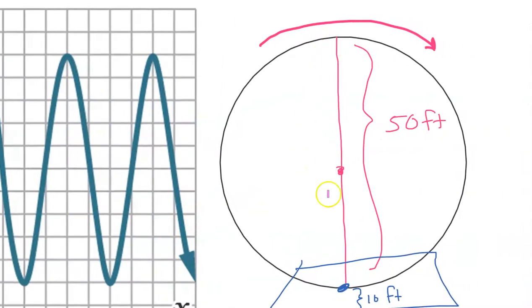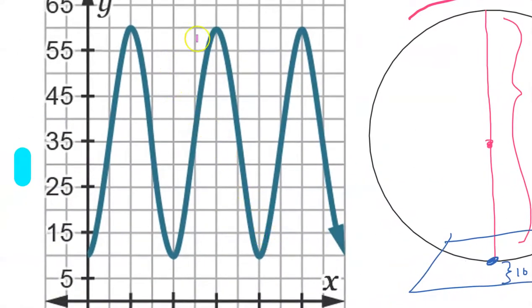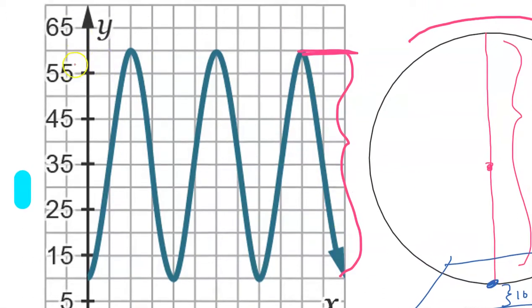We know that the diameter of the Ferris wheel is 50 feet. So that means we should be able to check the graph and see, is it 50 feet from here to here, from high to low? Is this 50 feet? Well, up here at the top, this is 60 because it's right here between 55 and 65, so that is 60.